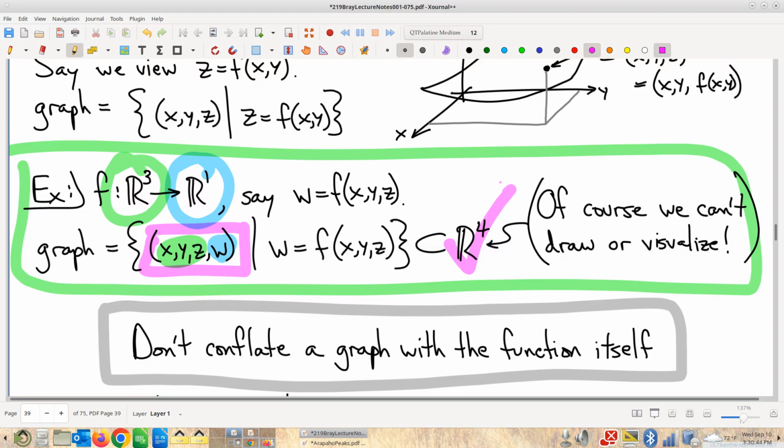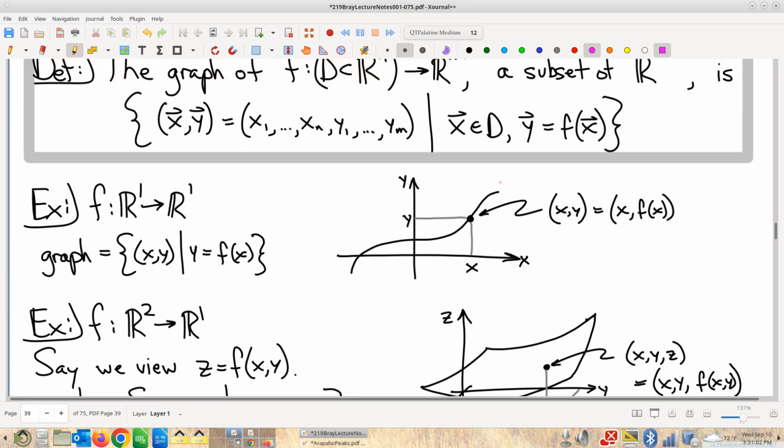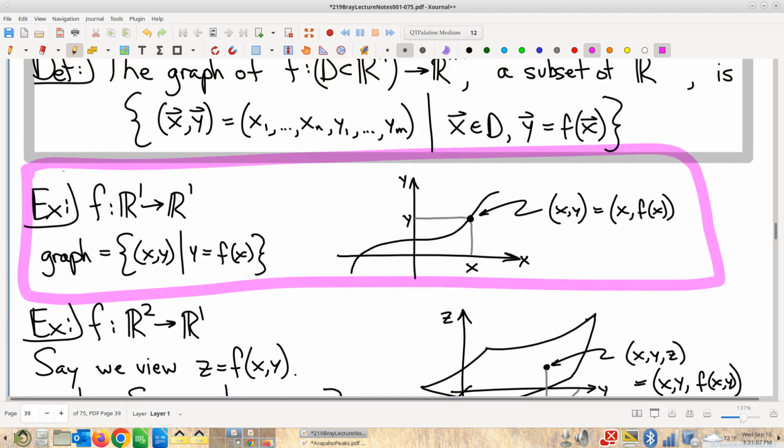And this is a nasty problem. Drawing multivariable functions is going to be pretty different, not just artistically, but conceptually and mathematically, very different from drawing single variable functions. In single variable, you always draw the graph. It's so perfect. If you think it through, the graph of a single variable function lives in 2 dimensions. We have 2-dimensional paper. That's perfect, right? The graph itself is a 1-dimensional curve.